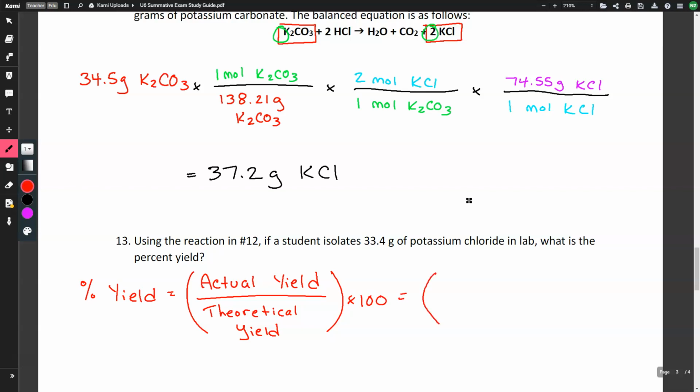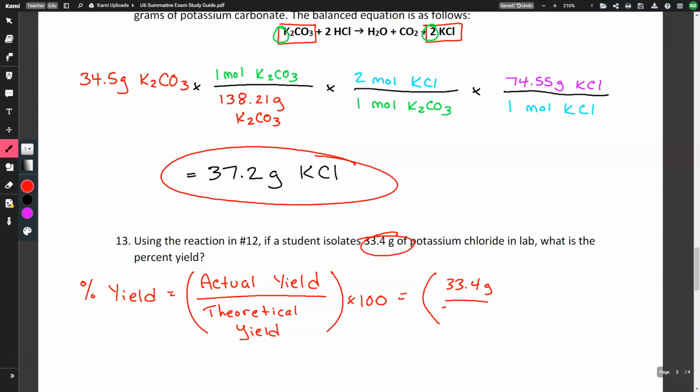Okay, so the actual yield would be what we got in the lab. So 33.4 grams over the theoretical. The theoretical is what we calculate is possible, 37.2 grams, and then we multiply that by 100. Okay, in doing so, we get an answer of 89.8% yield.